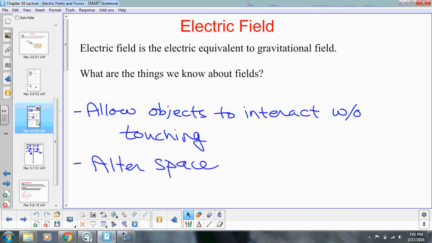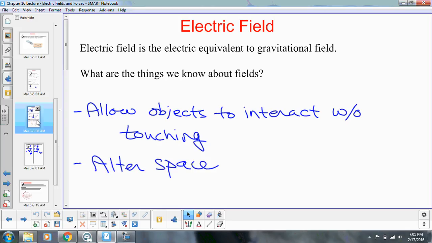Electric field. This is a challenging topic. We talked a little bit about gravitational field, and a good way to remember stuff about electric fields is to think about gravitational fields. So we talked about how the Coulomb's law equation is very similar to the universal law of gravitation. This is because both of these forces are field forces.